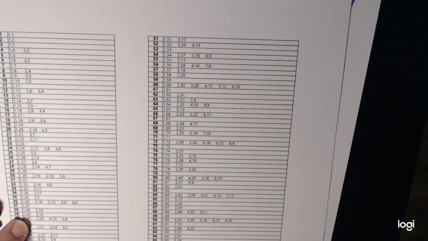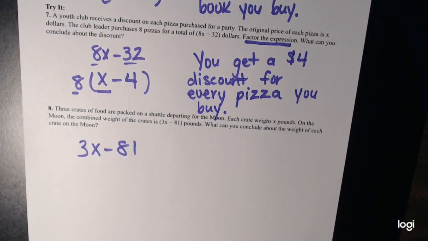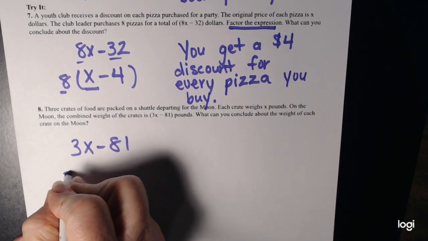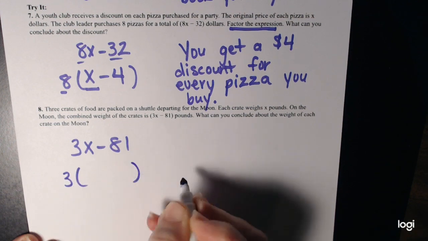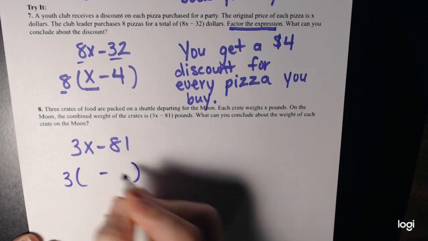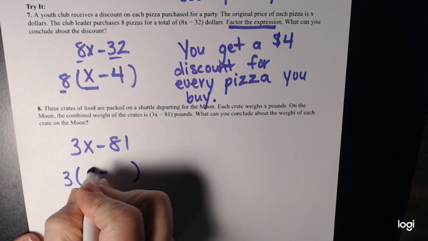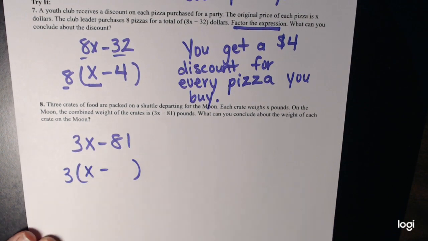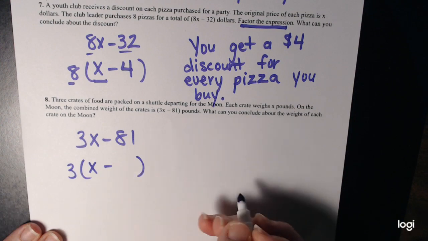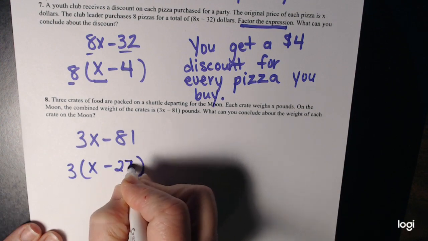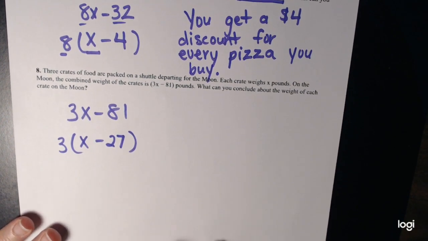Oh, it has a 3. All right, so it looks like we're going to pull out a 3 here. Separate my parentheses nice and far, put a minus. 3 times what is 3x? 3 times x. And 3 times what is 81? Well, we just looked at our factor sheet and found out it was 27.